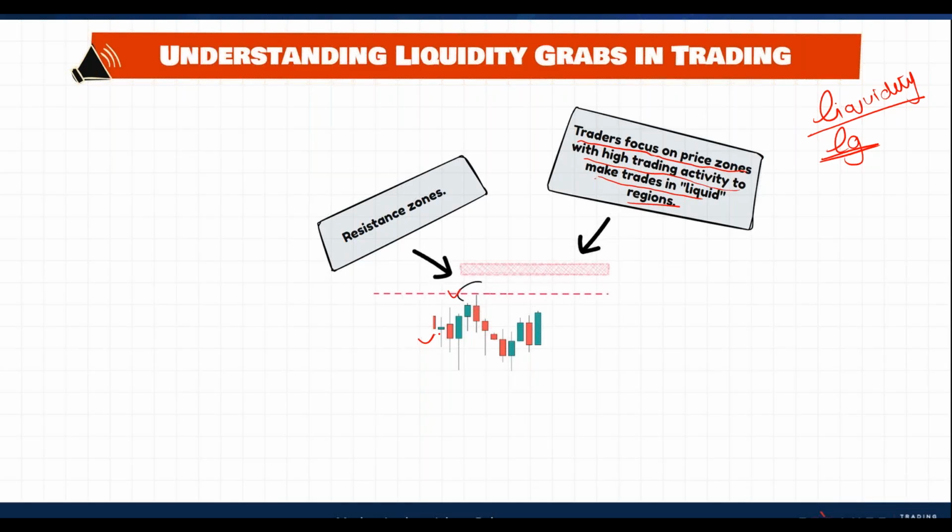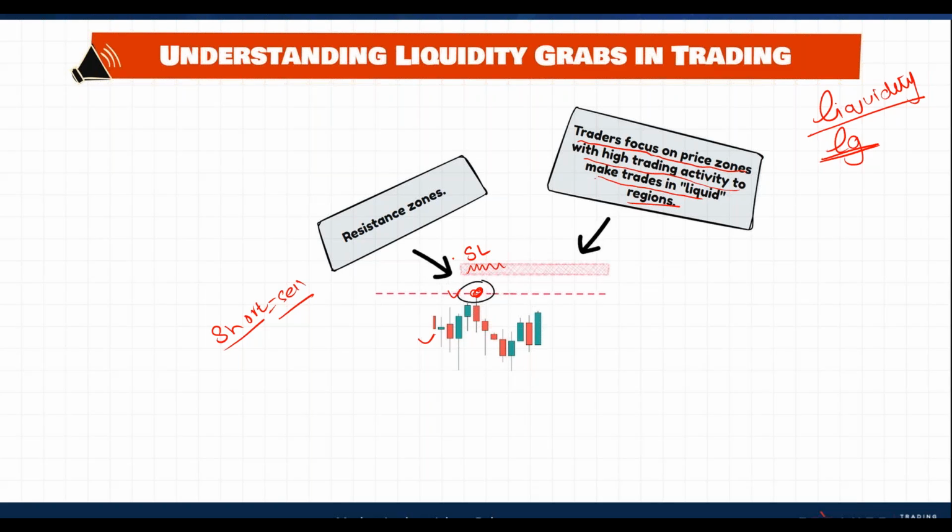Okay, so now try to understand, this is a resistance zone over here. Just for example, a guy who has gone short over here, short means sell, has his SL, stop loss, placed in this area somewhere.